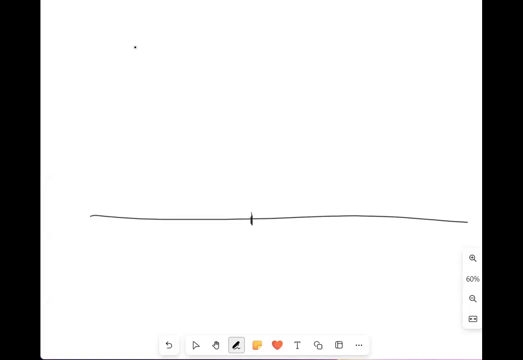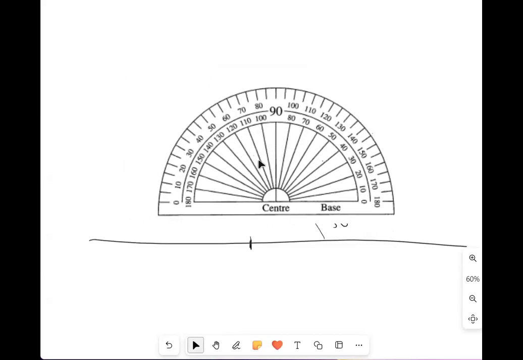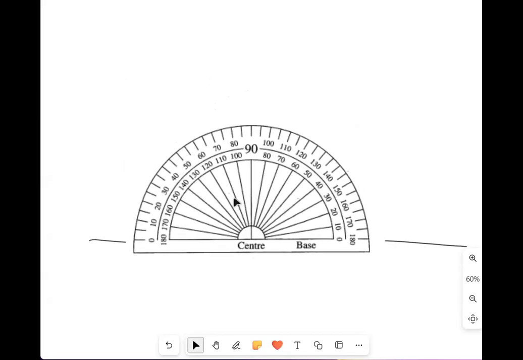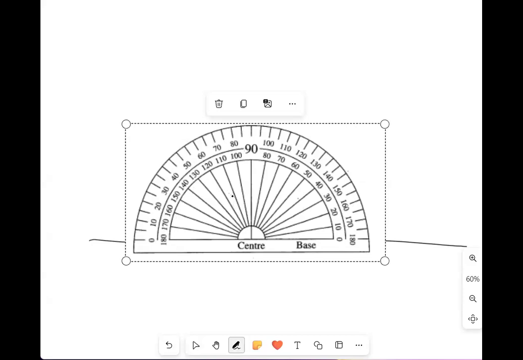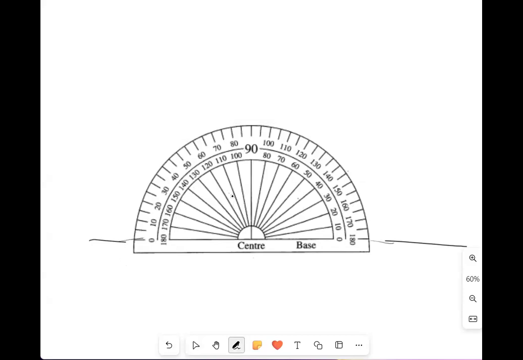So I want an angle that makes 30 degrees here. I can take my protractor and put the center there. And you see here: 0 degrees, 10 degrees, 20 degrees, 30 degrees. That's my mark, and you might put a little dot right here. And this is our center here.